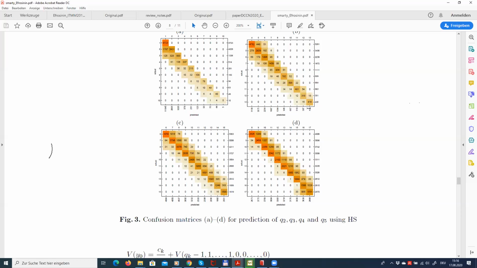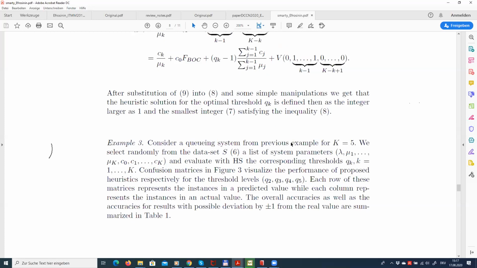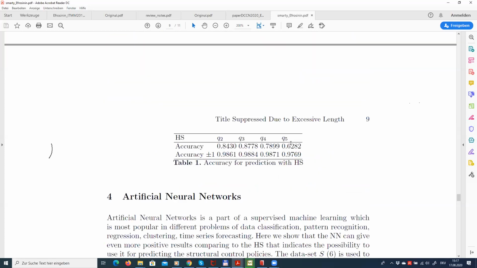And of course, in the ideal case, the matrix must be diagonal, but of course we have fluctuations and deviations from the real values. But nevertheless, if we calculate the accuracy, that is the percentage of elements from the data set that coincide with the real results, we see the following results.